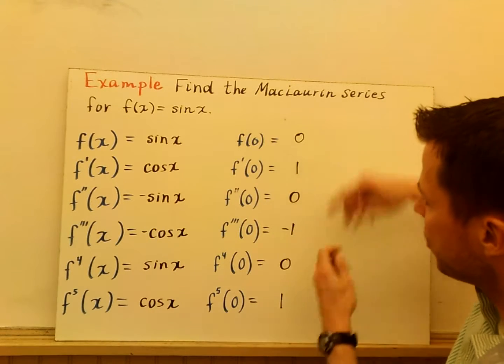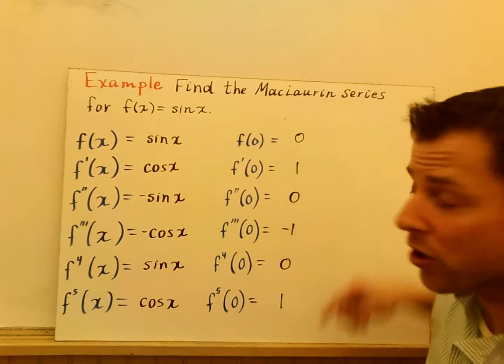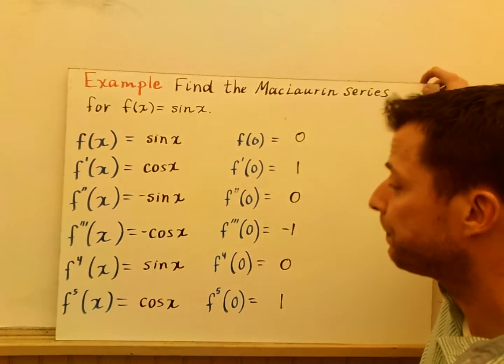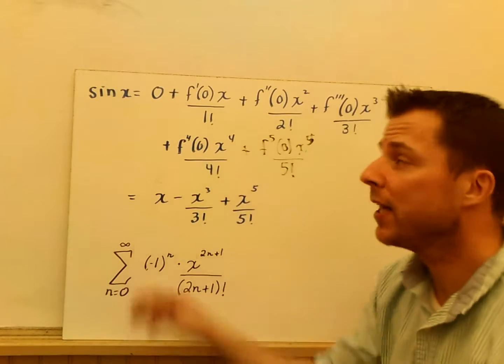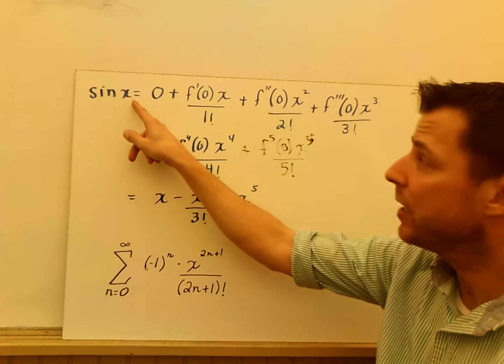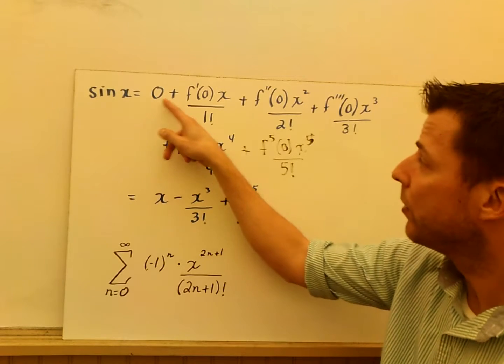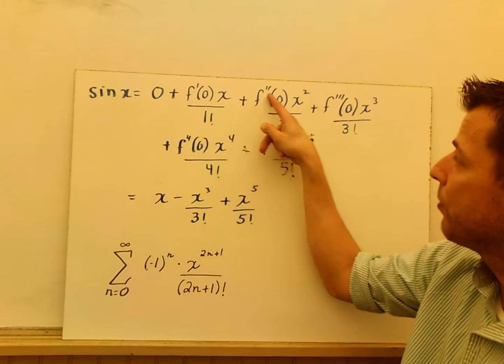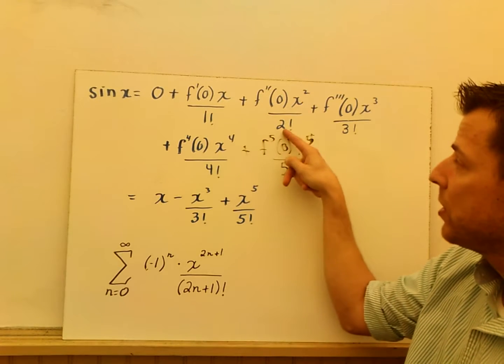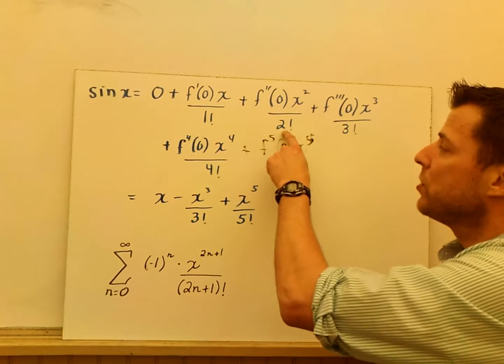Okay? So pay attention. 1, 2. Some of these terms are going to drop off. So to write my series, sine of x equals, there's f of 0. f prime of 0 times x over 1 factorial, f double prime of 0, x squared over 2 factorial.